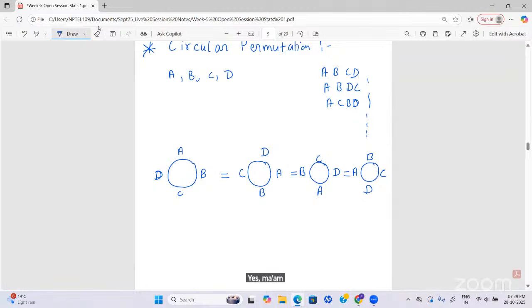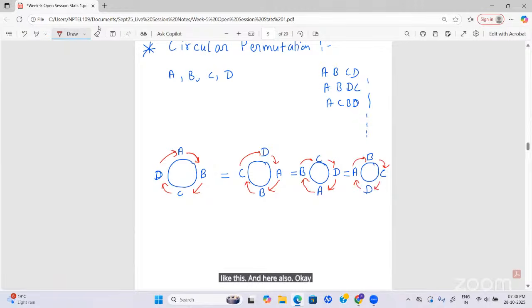Why are they the same? You can see that next to A, B and D are there. Or you can see that we are going in this way, A, B, C, D, and then again go back to A. Here also you can see A, B, then C, then D. Here also A, then B, C, D. And here also.